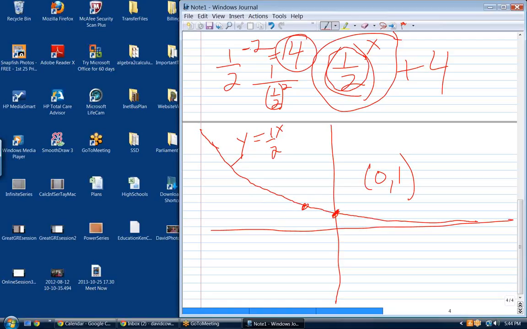If I had 1/2 to the minus 10, that's 1 over 1/2 to the 10th, which is 1 over 1/1000, so that's like 1,000. So as x goes to the left, y gets bigger. As x goes to the right, notice if x is 1,000,000, 1/2 to the millionth power is going to be almost 0.